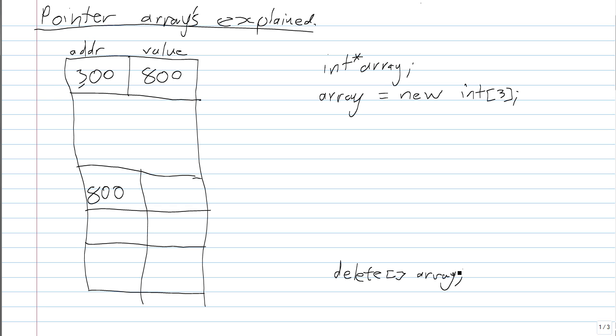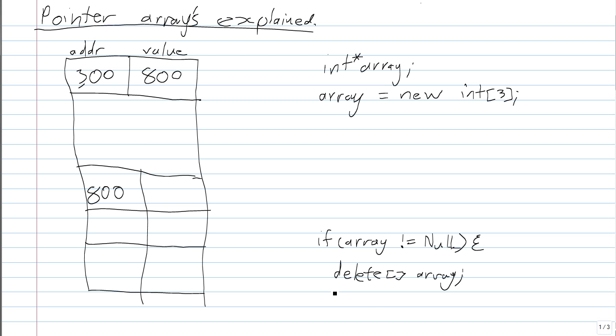But that's not really a very safe way to delete it, because maybe that pointer is pointing somewhere that it shouldn't, or something like that. So a better way is to check that that pointer is actually pointing to a valid piece of memory, which means it's not null.